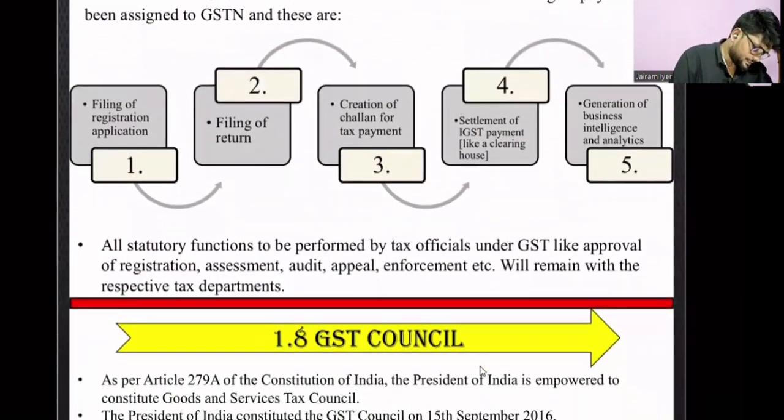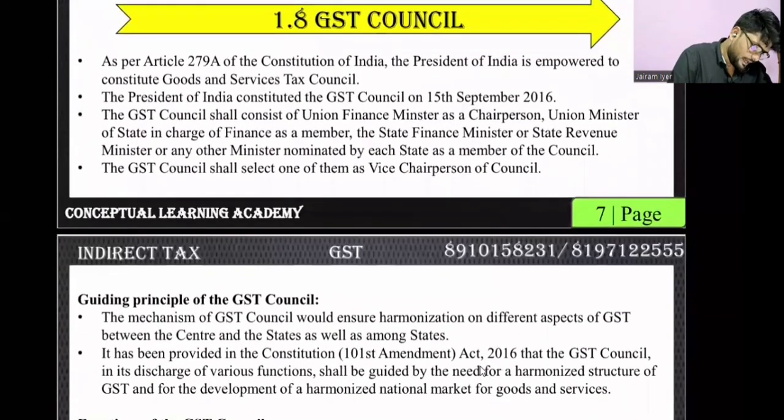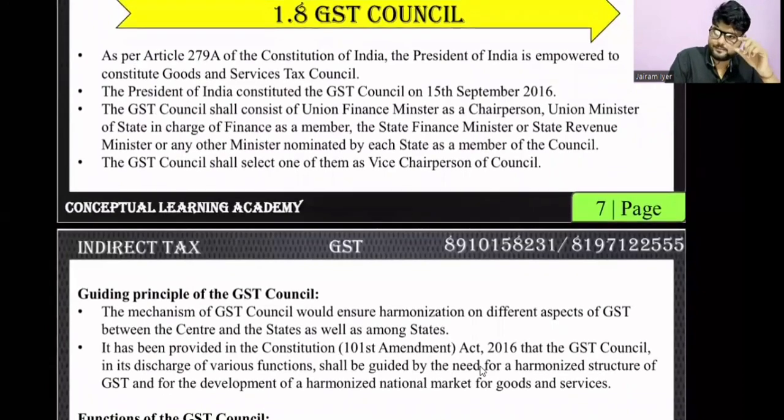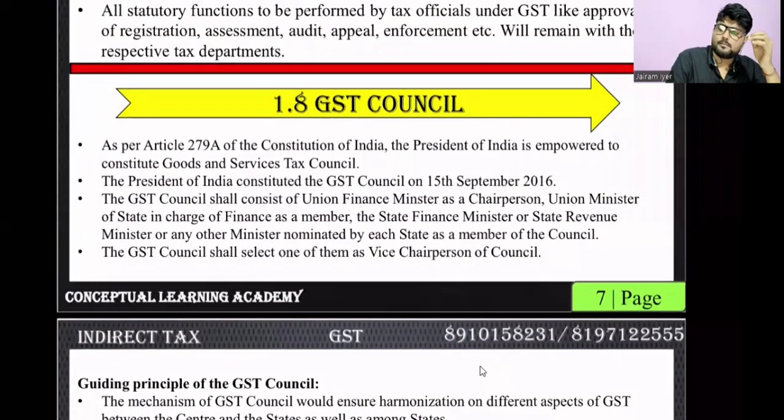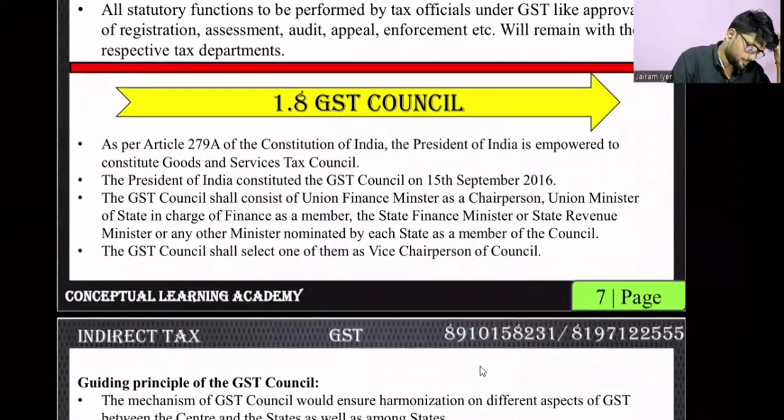See, the GST Council, as per Article 279A of the Constitution of India, the President of India is empowered to constitute the Goods and Service Tax Council. The President of India constituted the GST Council on 15 September 2016.